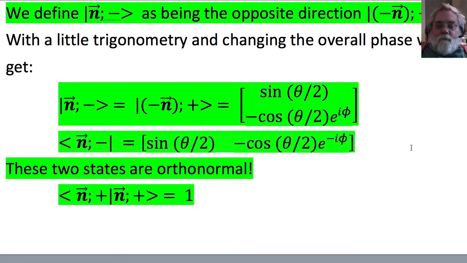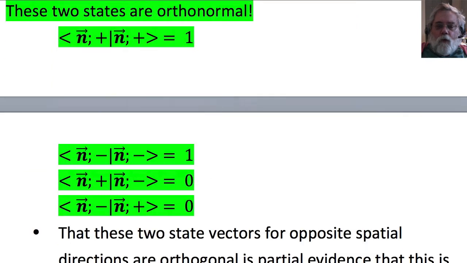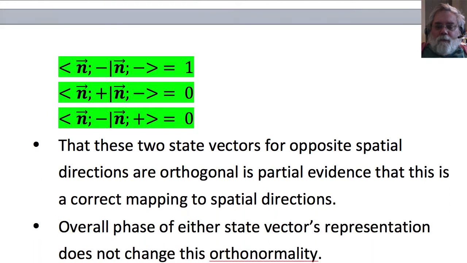Now, you can verify that those two states, n plus and n minus, are orthonormal. And I encourage you to go check that for yourself. That these two state vectors for opposite spatial directions are orthogonal, that's partial evidence that it is a correct mapping to spatial directions.